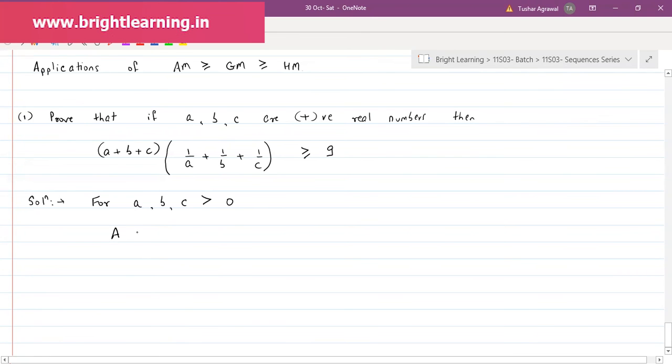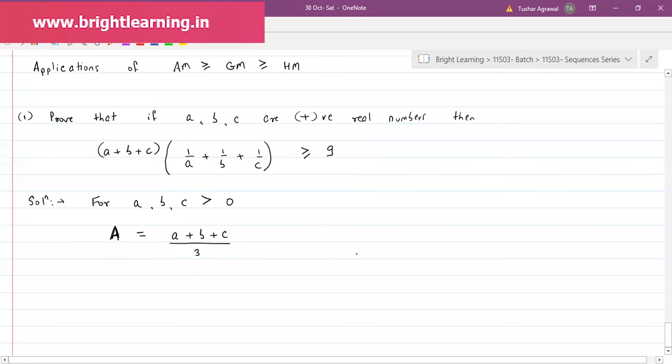So arithmetic mean. From now onwards, we will denote arithmetic mean by capital A only, geometric mean by capital G and harmonic mean by capital H. So arithmetic mean is A plus B plus C upon 3. Yes or no?